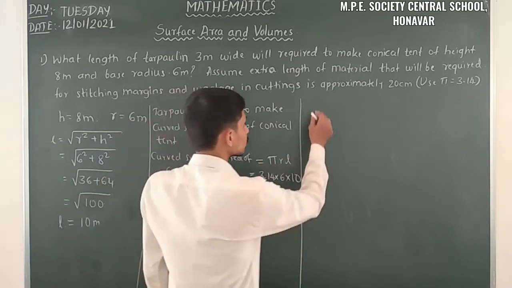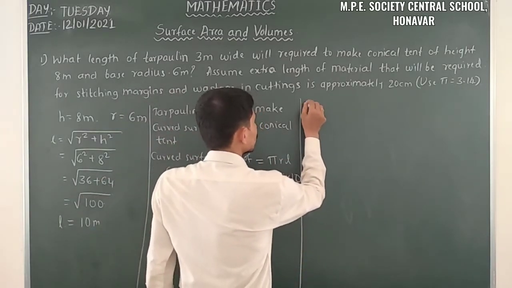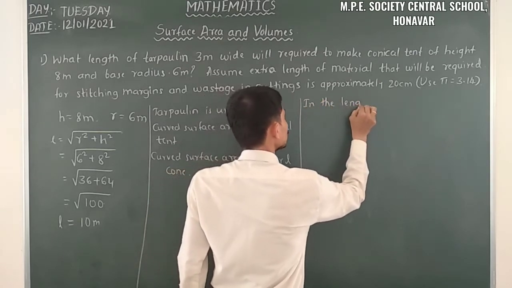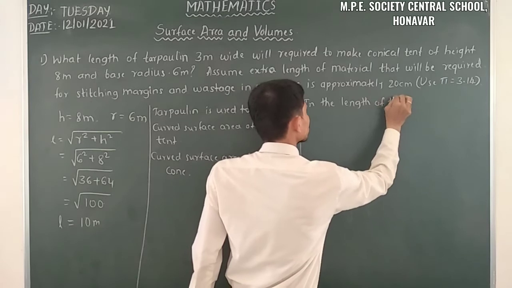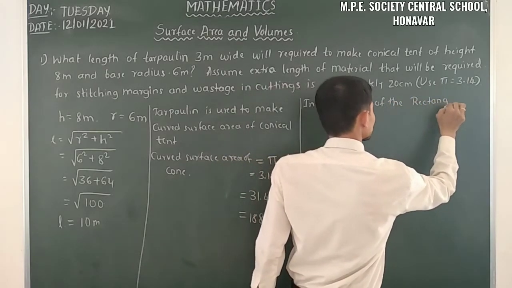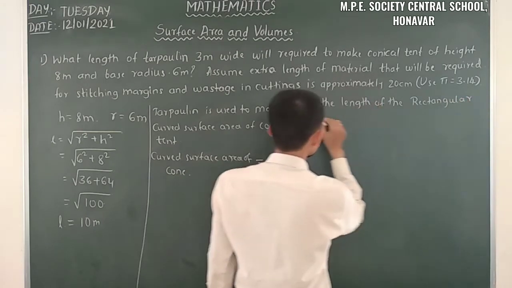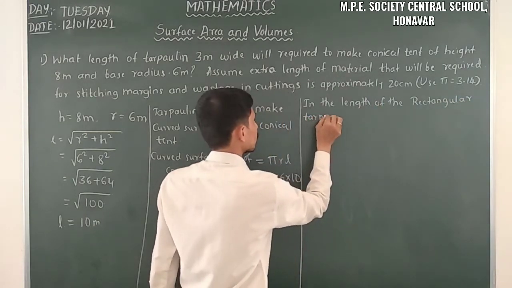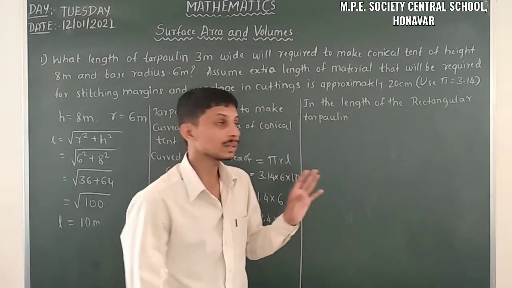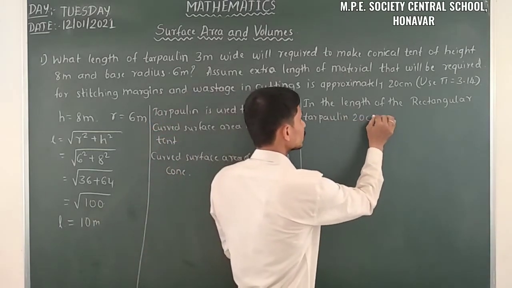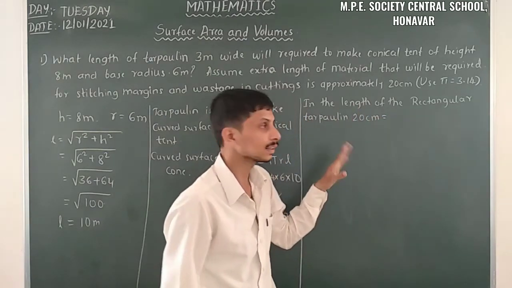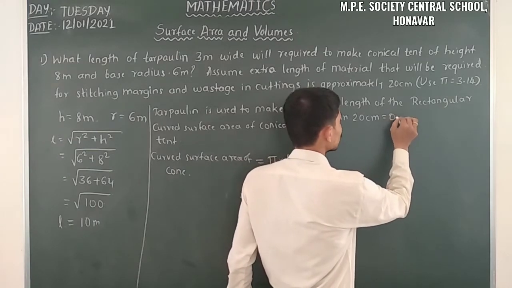So in the length of the rectangular tarpaulin, 20 centimeter. 20 centimeter means what in meters? It is 20 divided by 100, it is 0.2.